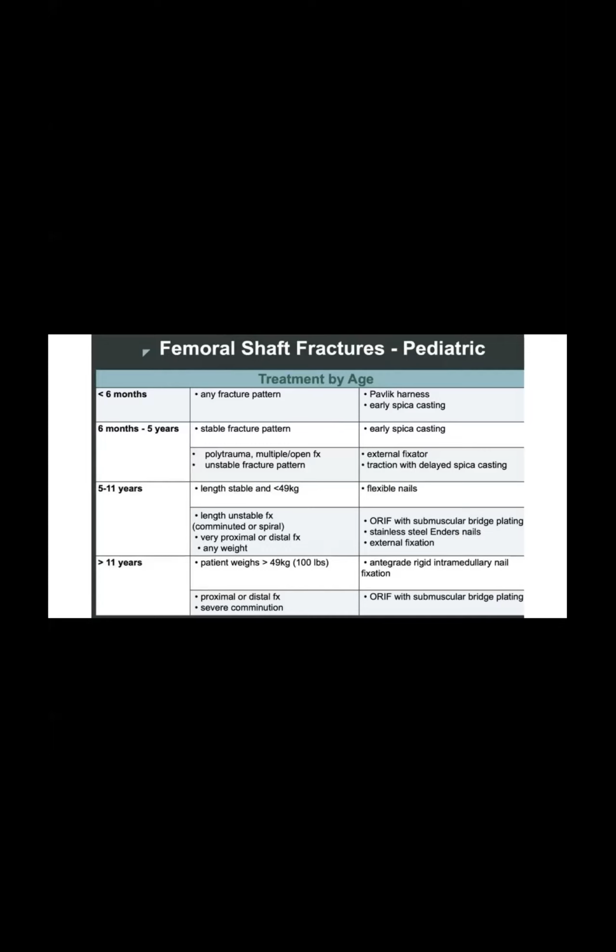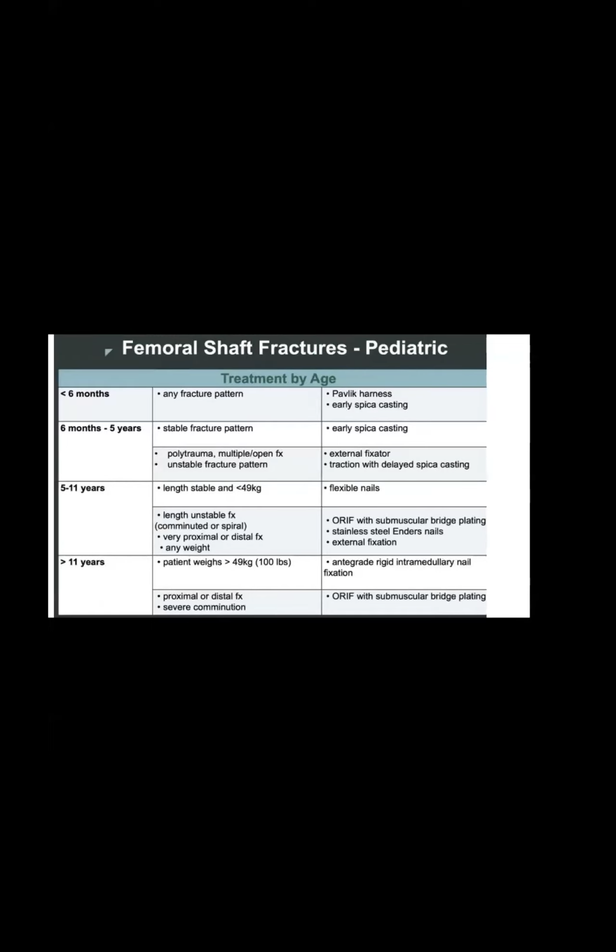If more than 11 years, patient weight more than 49 kg, we have to give intramedullary nail fixation. Just shortly remember this chart; it is enough for marking the question in the exam.